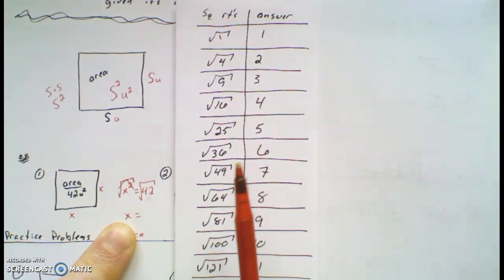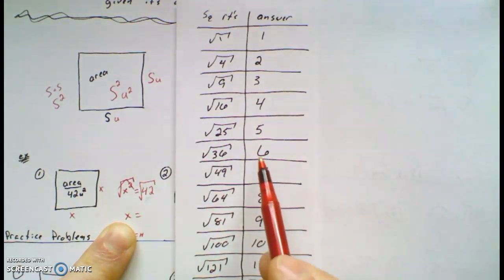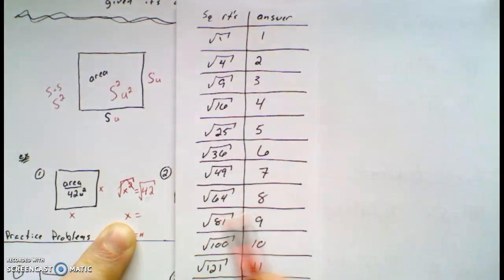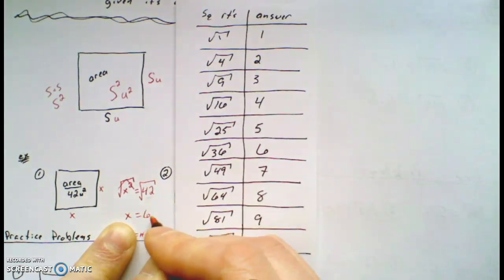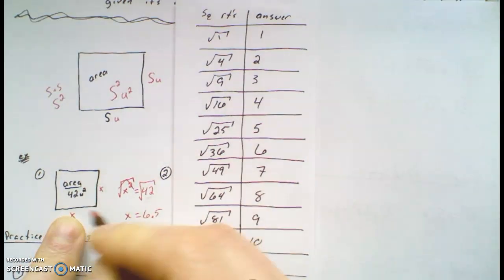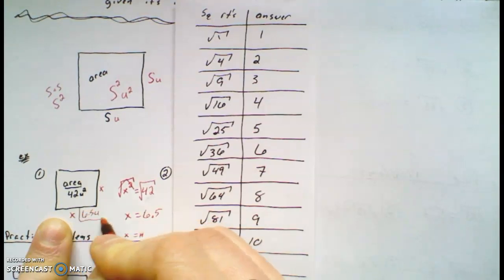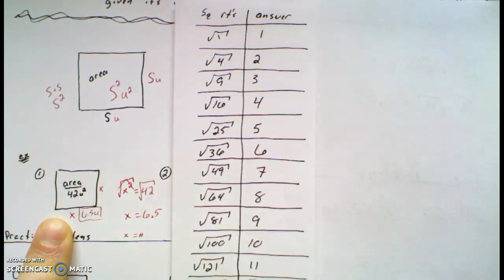We're just estimating, so I'm going to say it's about the middle. The middle of 6 and 7 is 6.5. So x is 6.5, which means this side length is 6.5 units long. Okay, that's all we're doing in this stuff. Okay, so another real quick example.